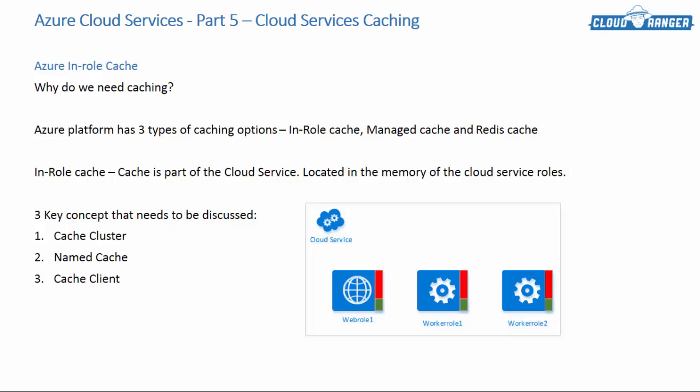And why is that? Well, think about what a role specifically is in a cloud service. It's nothing but an instance, a virtual machine. In the backend, that's what it is. A worker role or web role is a virtual machine. So we already knew that.